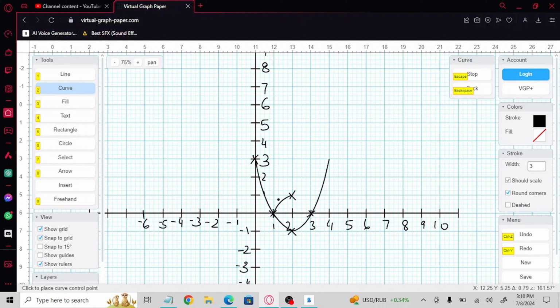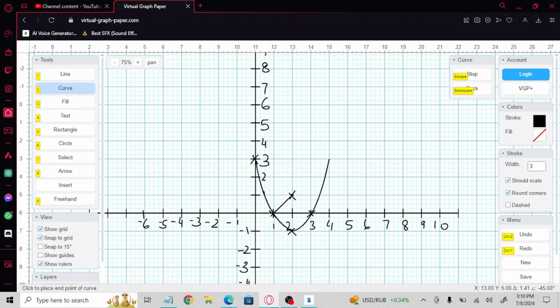Let me see. Wait a second, please. It's like here, passing through this one. I hate drawing curves.